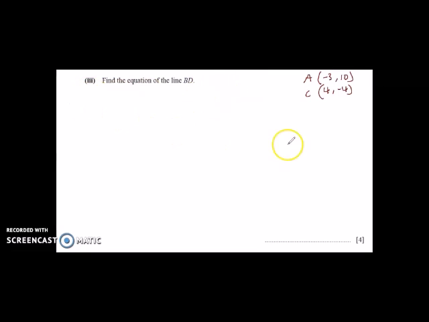Next, for the question on BD, as I explained just now, it is in a rhombus, so everything will be the same length. Here you have AC, and here is BD.